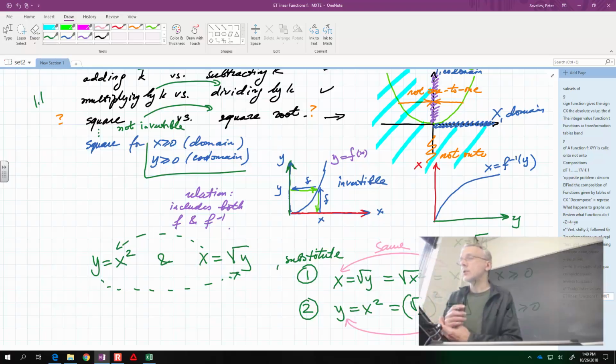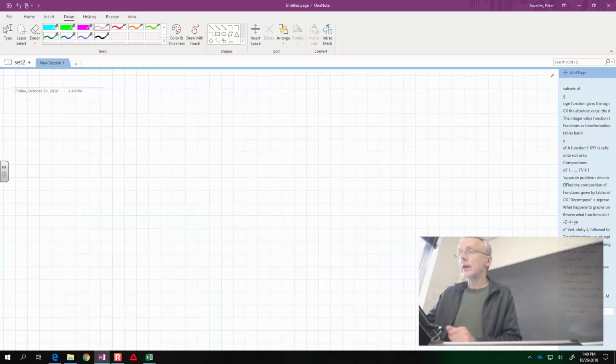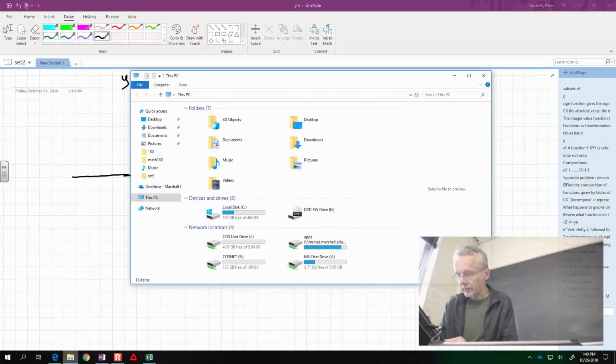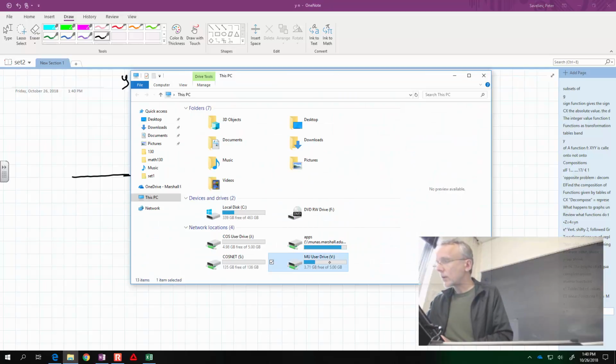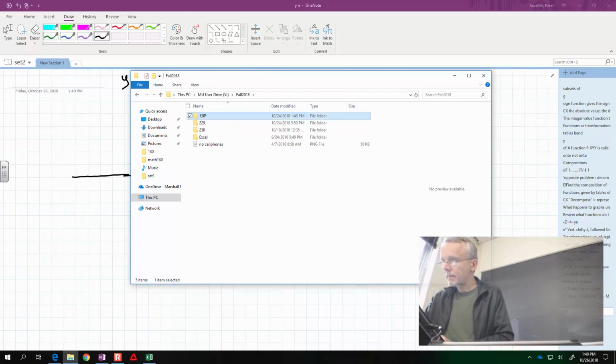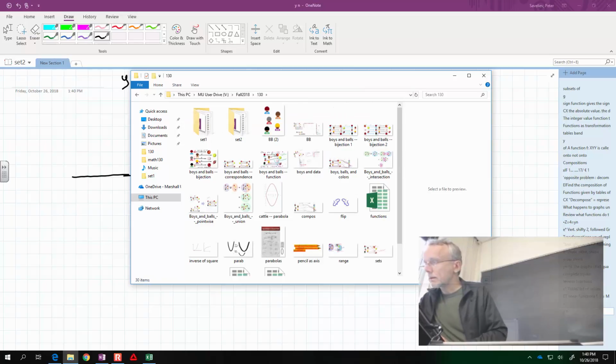It is a good exercise, and a typical problem for any kind of test, to ask you to plot the graph of the inverse. We already did it. Let me find that picture that we did last time.